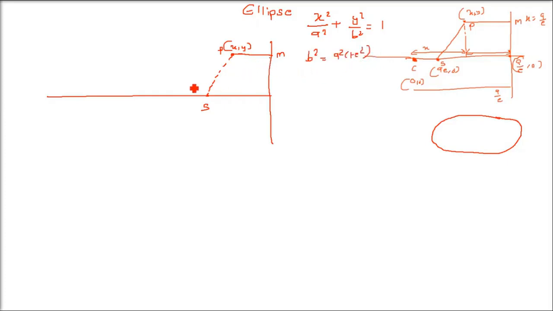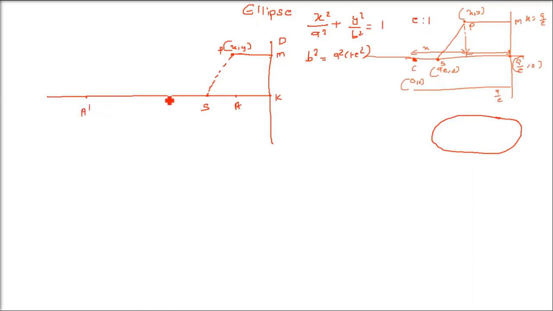Now let me just extend it. I am saying that this point was A, which was the internal division. We internally divided this SK in the ratio e is to 1. e is the eccentricity constant, which is less than 1 in the case of an ellipse. S is the focus. We took A dash also, because we also divided the line SK in the ratio e is to 1 externally.